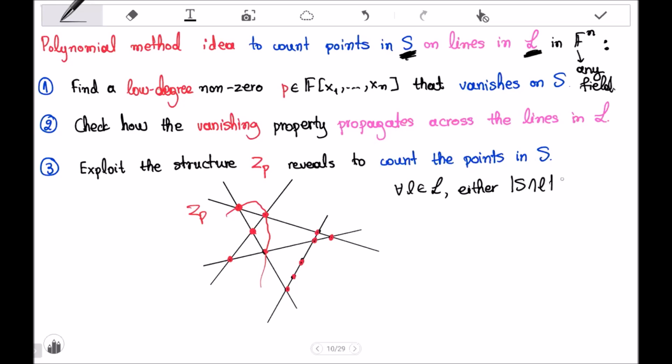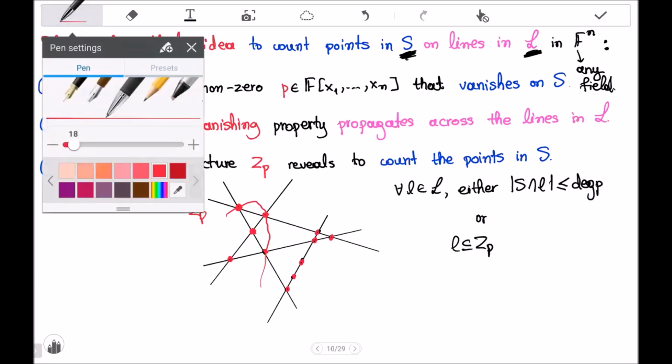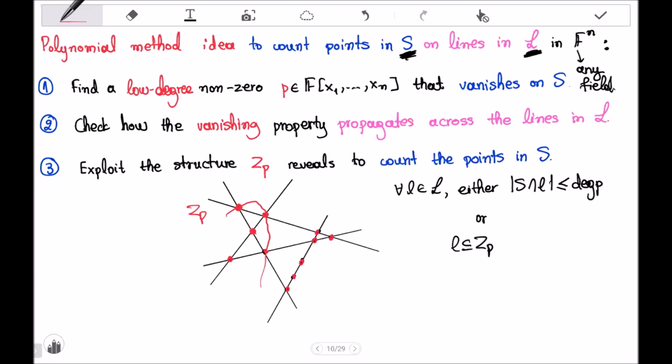Either the roots along the line are at most the degree of the polynomial, or they are more, which means that the line is fully in the zero set, or even better, that the polynomial restricted there is zero. So here you have a lot of lines, the ones that contain more than the degree points, that are completely engulfed by the zero set. So they are also painted red.